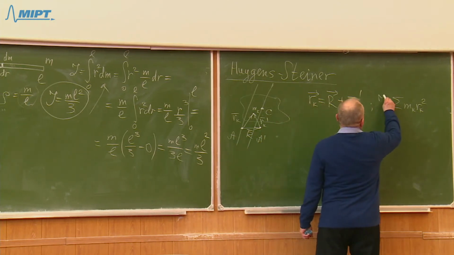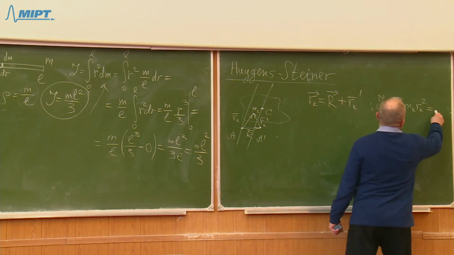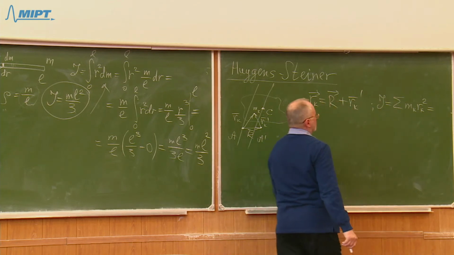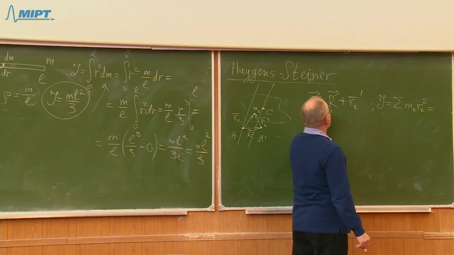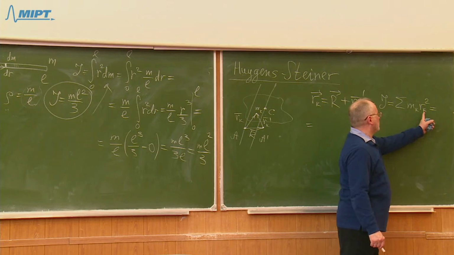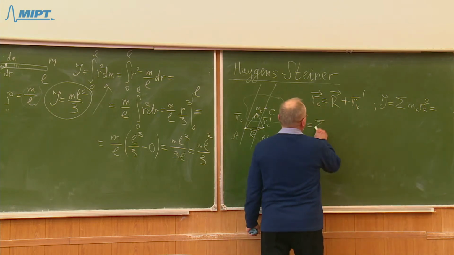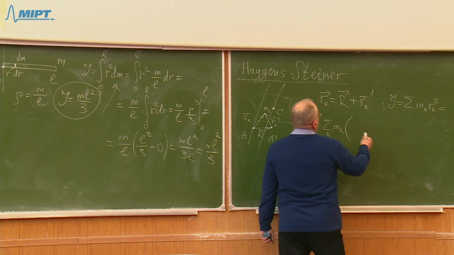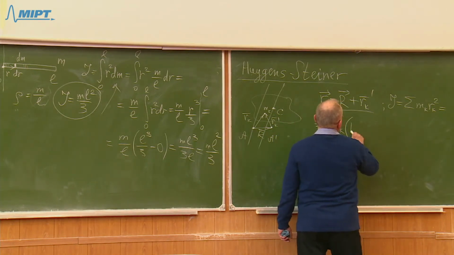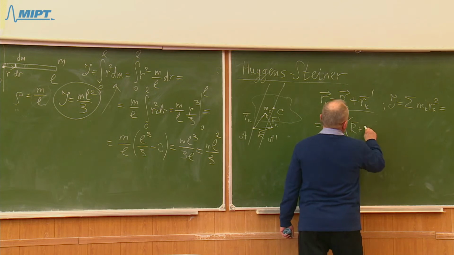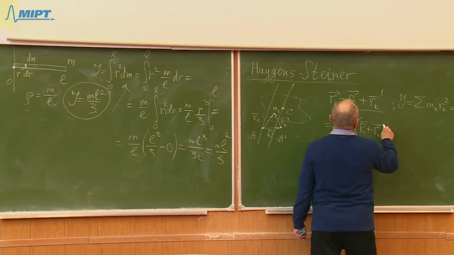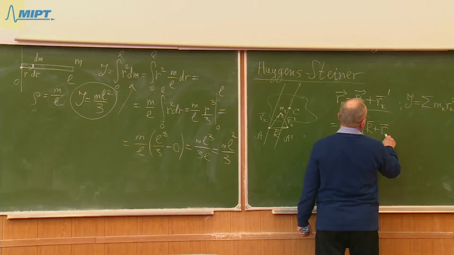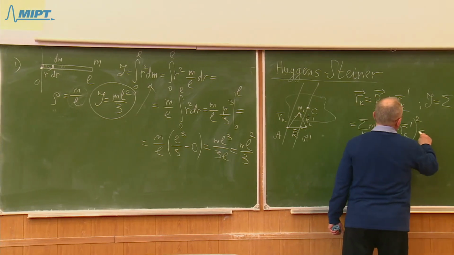So if the moment of inertia by definition is such a sum, then we just substitute rk in this formula and obtain mk, and rk is equal to this expression, capital R plus small rk prime, squared.